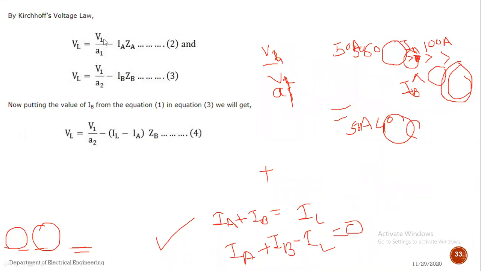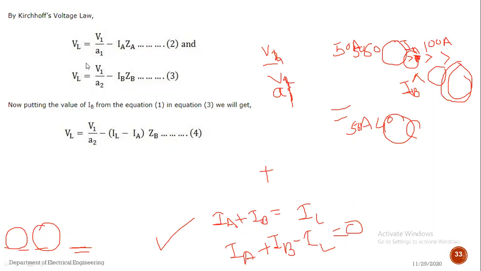So according to this, the equation becomes VL is equal to V1 divided by A1, that means V1 divided by turns ratio, minus IA into ZA, that is the impedance of these two transformers.